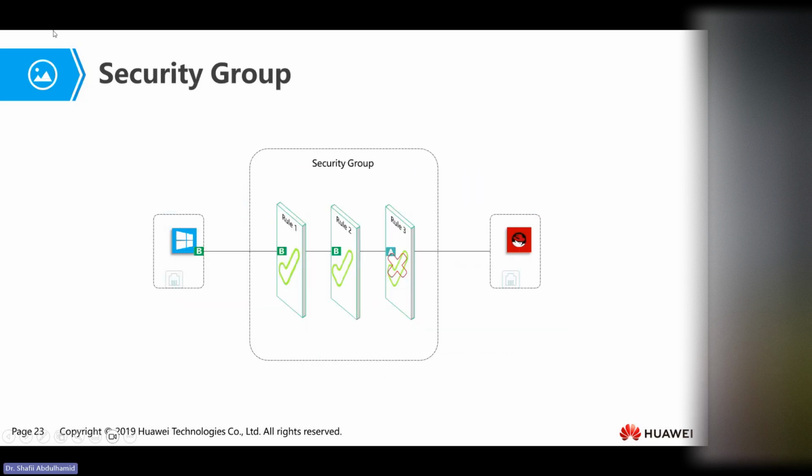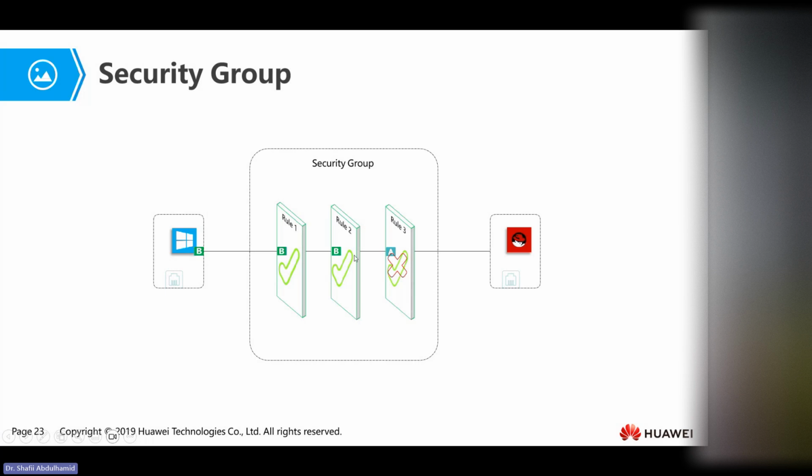Last but not least, we have security groups, which help to communicate between virtual machines that contain different types of guest operating systems. For example, you have a Windows operating system and a Red Hat machine, which is Linux.